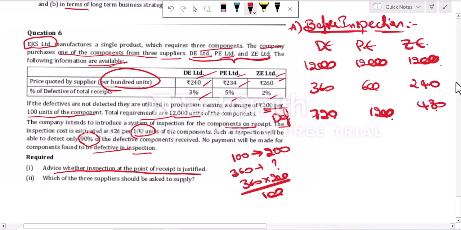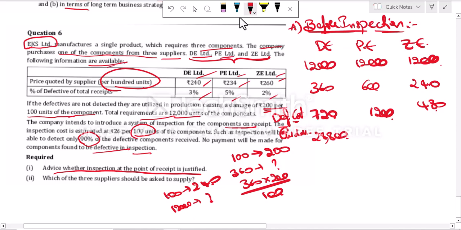So one is defective cost. We have to find the total cost per unit, then only we can find out which is beneficial. So one is they will incur defective cost and another is the purchase cost. For 100 units 240, for 12,000 units how much? 12,000 into 240 by 100, 28,800.